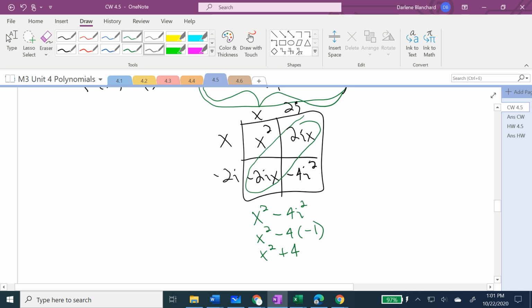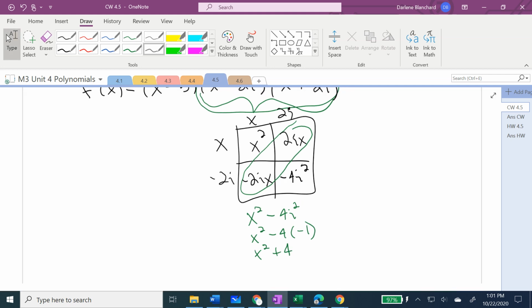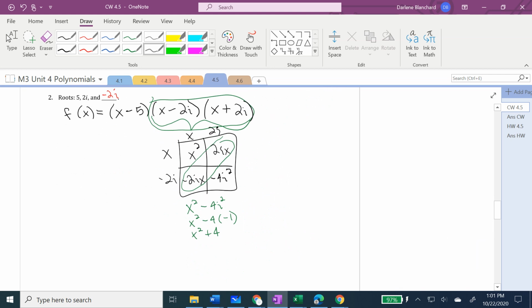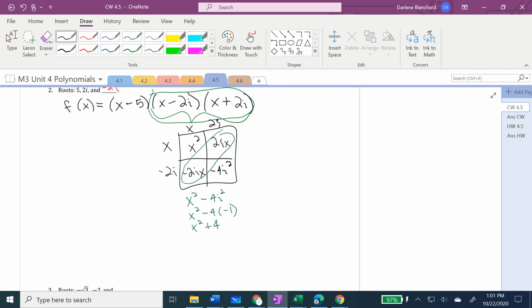Then at that point, you're ready to bring it back together with the rest of the function. So f of x is equal to, we had x minus 5 already, and now I'm replacing with x squared plus 4.